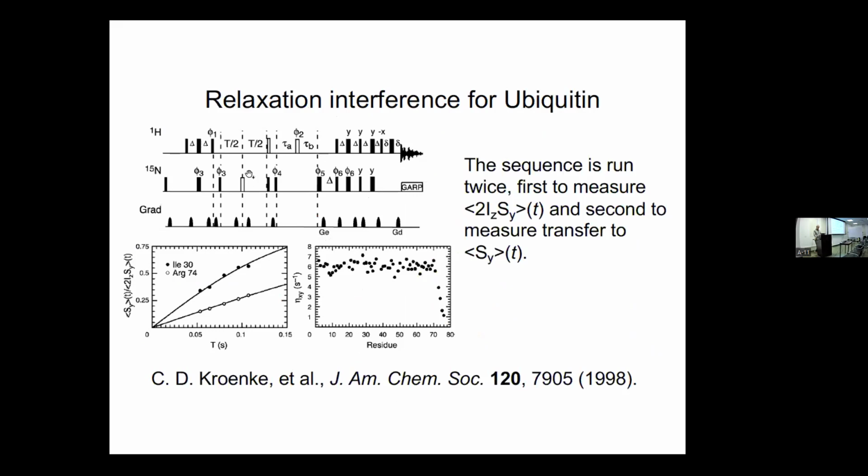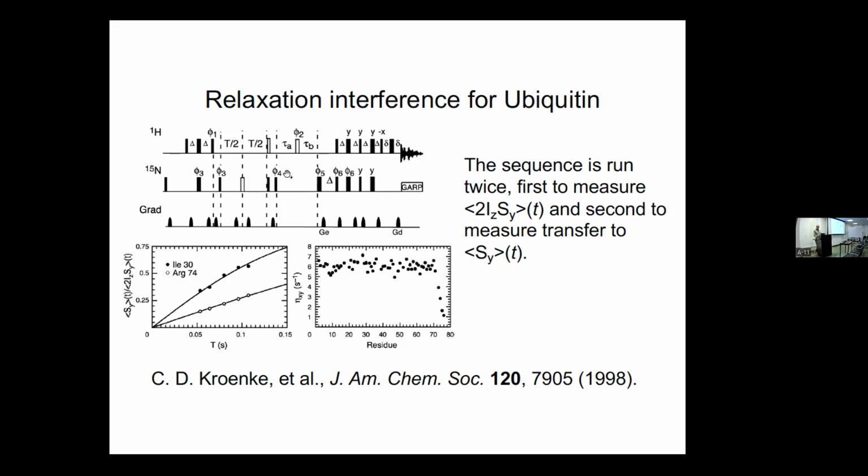Here, by the way, since we talked about relaxation interference, here's a sequence for measuring relaxation interference. You measure the signal two different ways. You measure the in-phase signal and you measure the antiphase signal. So we start at time 0 with just antiphase, and then because of cross relaxation, some in-phase magnetization builds up.